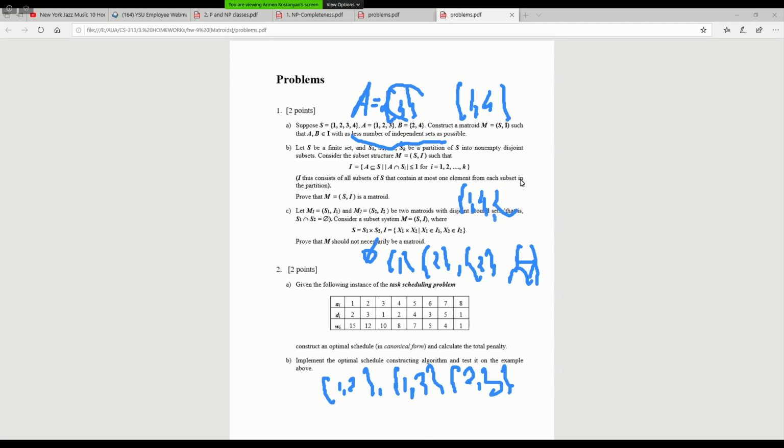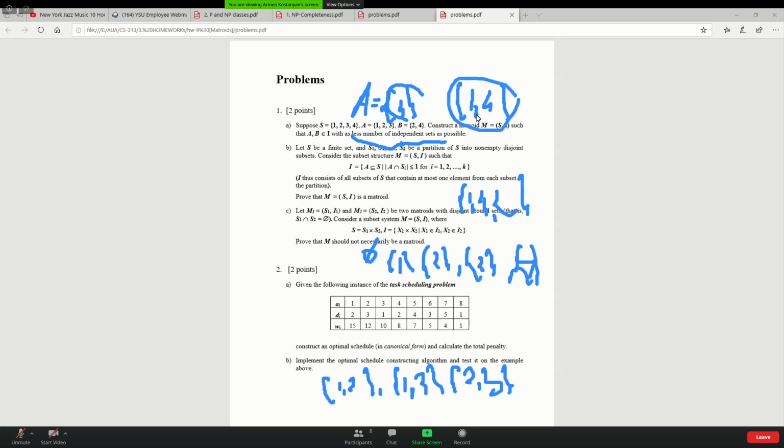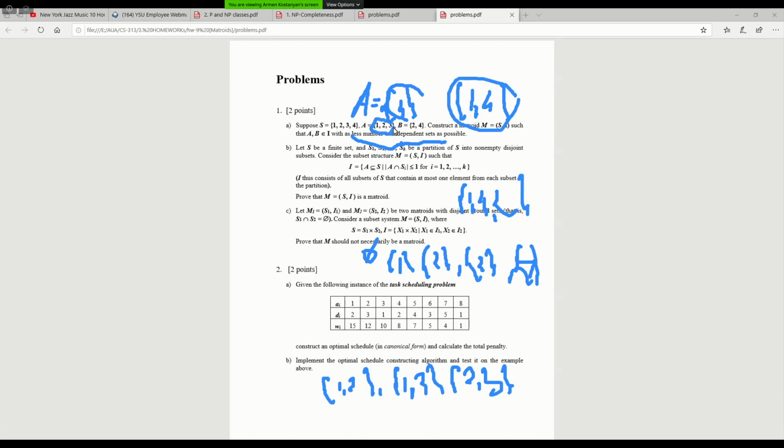This is necessary to meet the exchange property for one set which consists of 1 and 4, and the second which consists of 1, 2, 3. So {1,4} should be extended by at least one element belonging to B. This can be either 2 or 3. Suppose it is 2, and we include also this set in our subset system.